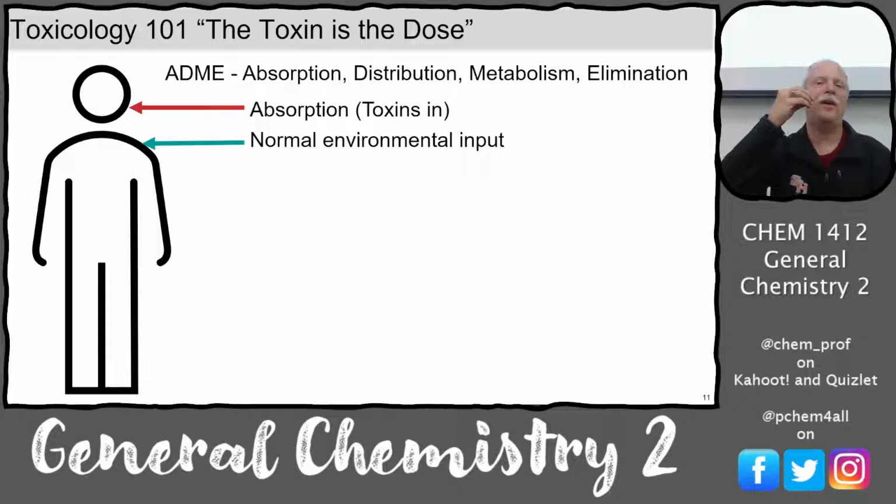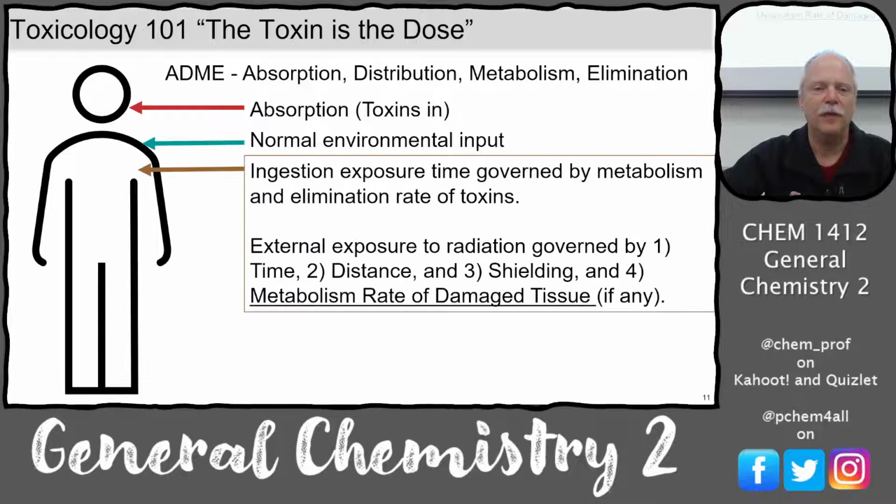I point kind of towards the mouth, but it could be breathing in, it could be through your eye, it could be through your skin. There are lots of routes of entry. And you have the toxins and normal environmental input. Then those go into the body and they're distributed. So they go around, distributed amongst the body into your tissues, and then your body reacts to them.